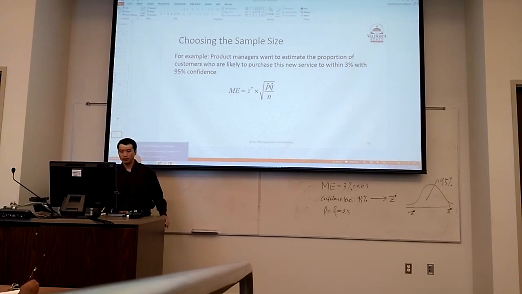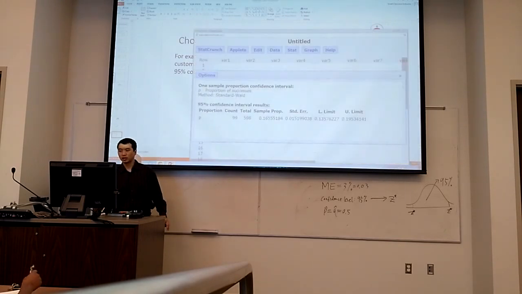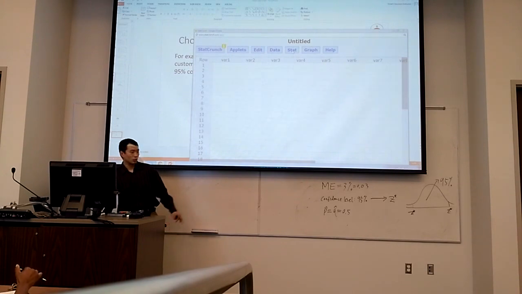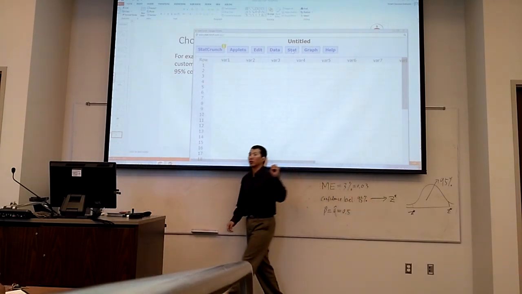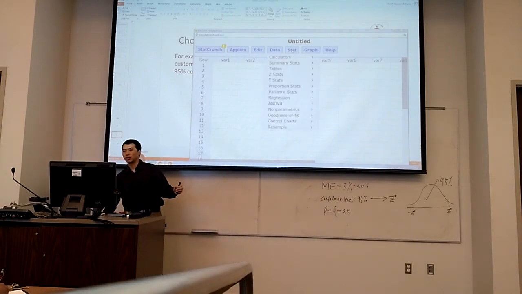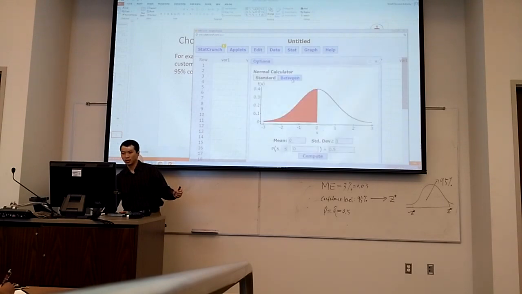So if you want to write it out, this area is 95%. Because we know this follows a standard normal distribution, we use the normal calculator in between.